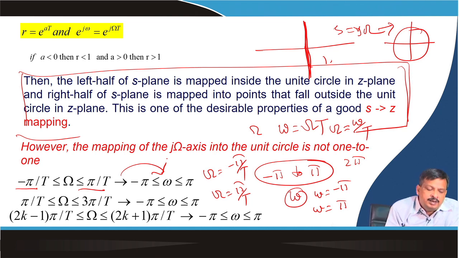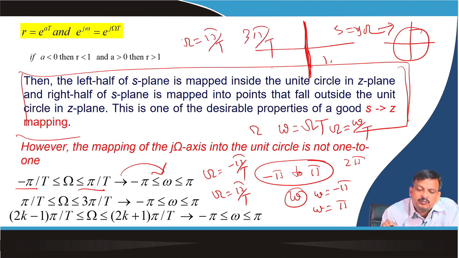Now, let us say small omega is pi by T and also omega 3 pi by T, which is more than pi. So, if it is 3 pi by T, then what is the value of the small omega?